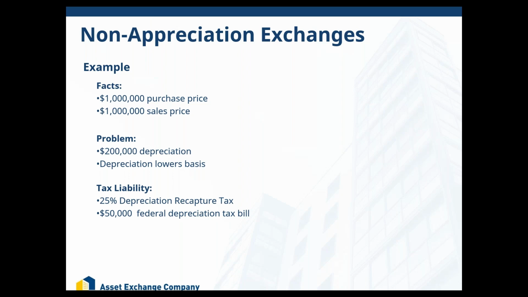So what's going to happen when they go to sell the property, they're going to be hit with that 25% depreciation recapture tax on that $200,000 worth of depreciation. That's going to equate to $50,000 in depreciation recapture tax that they're going to have to pay when they sell that property. They can still do a 1031 exchange and defer the depreciation recapture tax.